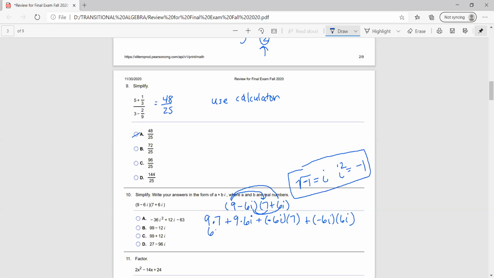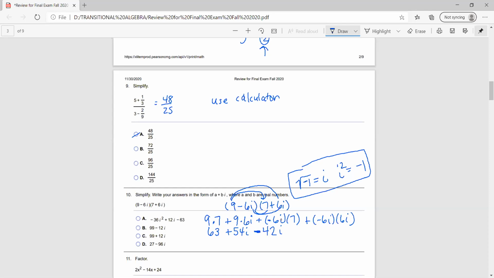9 times 7 is going to give me 63. Okay. 9 times 6i is going to get me 54i. A -6 times 7 is going to get me -42i. And now I've changed my plus into just minus, because this would be plus a -42i, which means minus 42i.